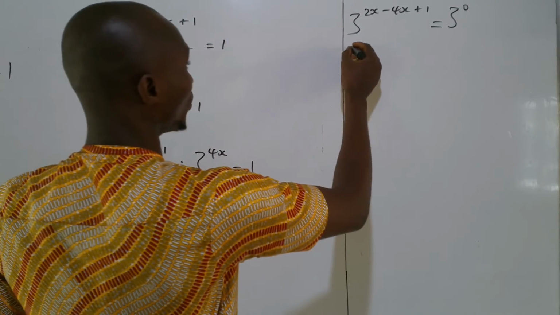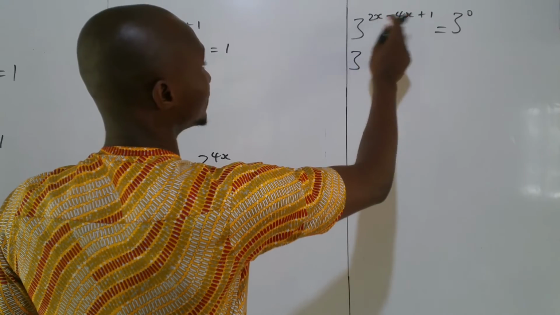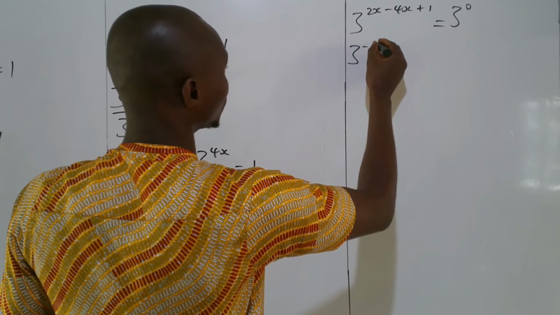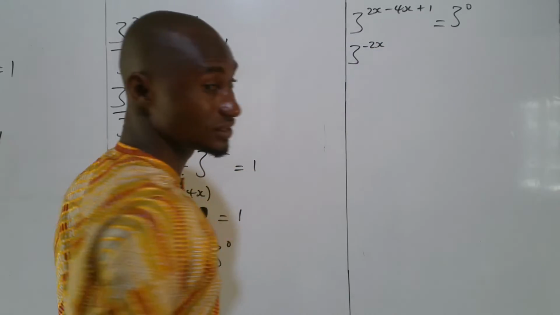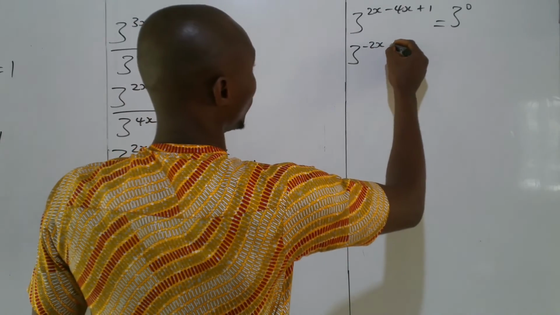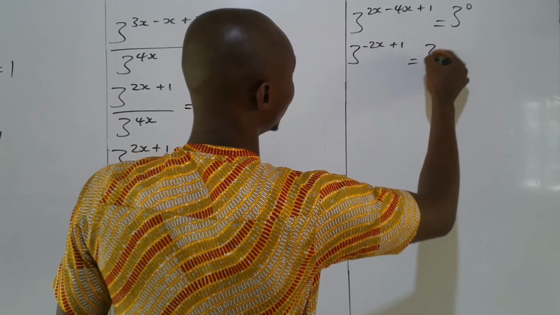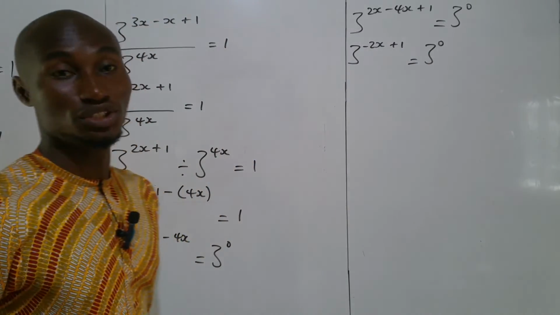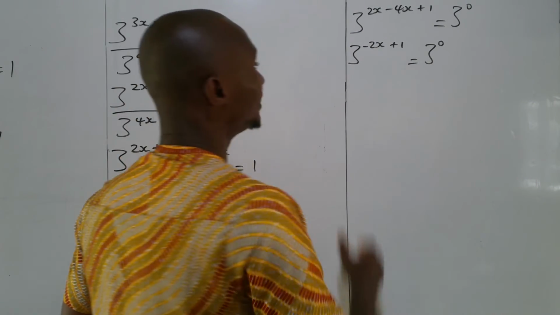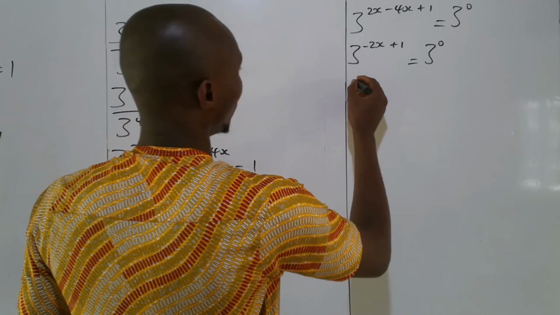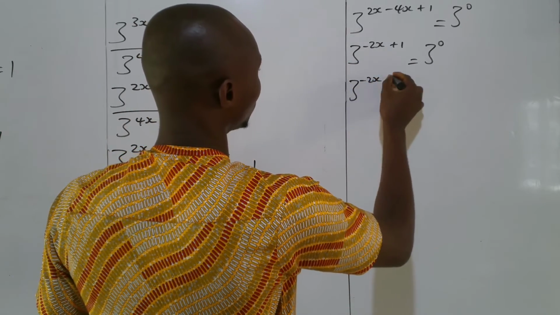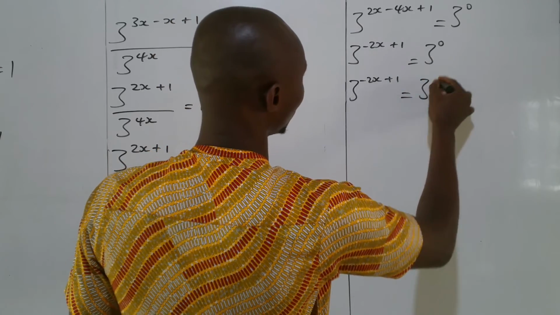So this will give us 2x minus 4x, which is minus 2x, then plus 1, equals 3 raised to the power of 0. Did you understand? I want to repeat this again before I cancel out. That is 3 raised to the power minus 2x plus 1 equals 3 raised to the power 0.